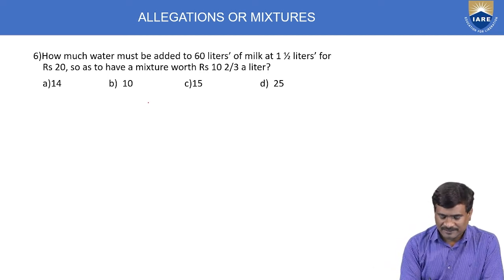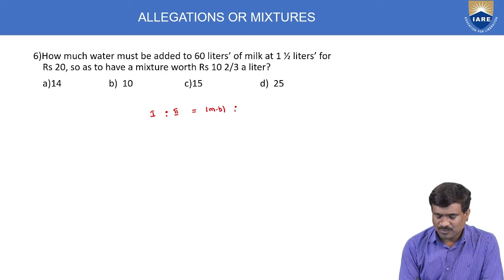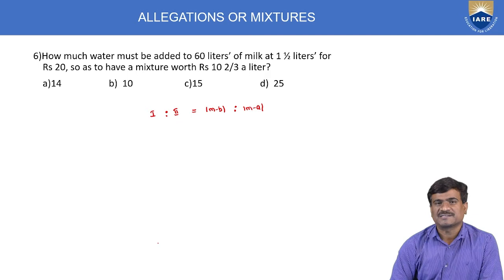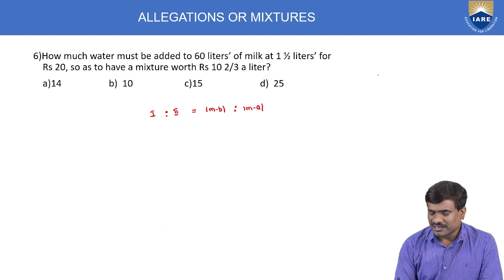Your first method: type 1 is to type 2. Type 1 is to type 2 is equal to modulus of M minus B is to modulus of M minus A, where A is the cost price of water, not given, so assume 0, and B indicates the milk price.